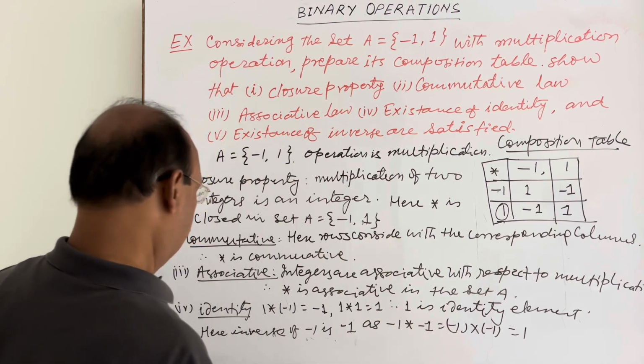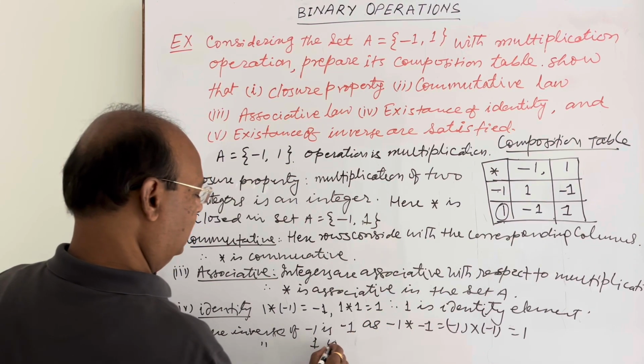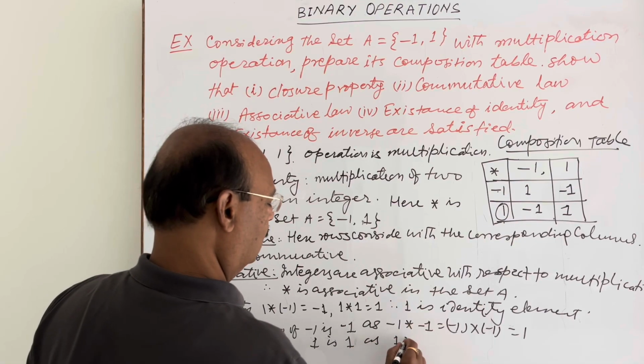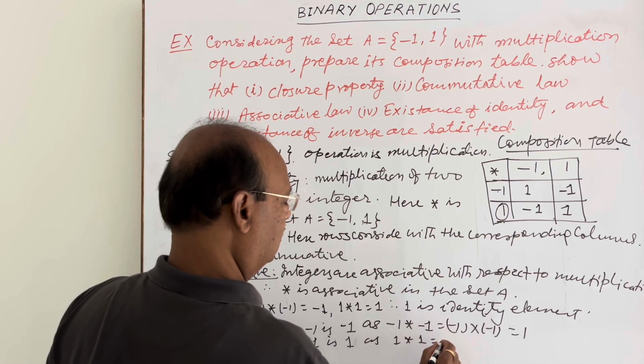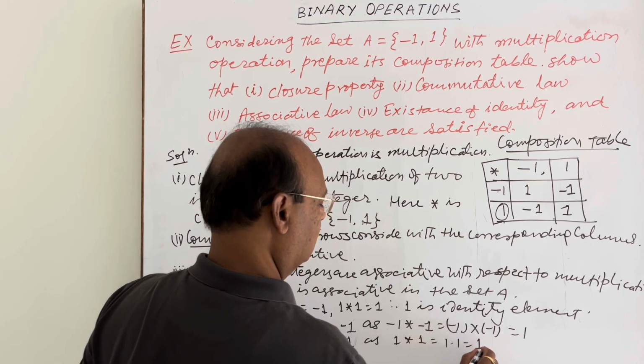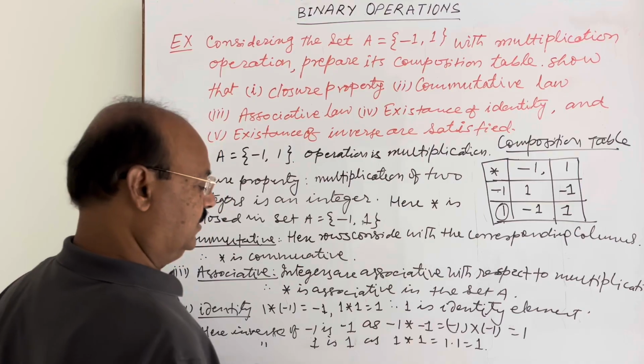And the inverse of 1 is 1, as 1 operation 1 is equal to 1 into 1, which is equal to 1. This is also the identity element.